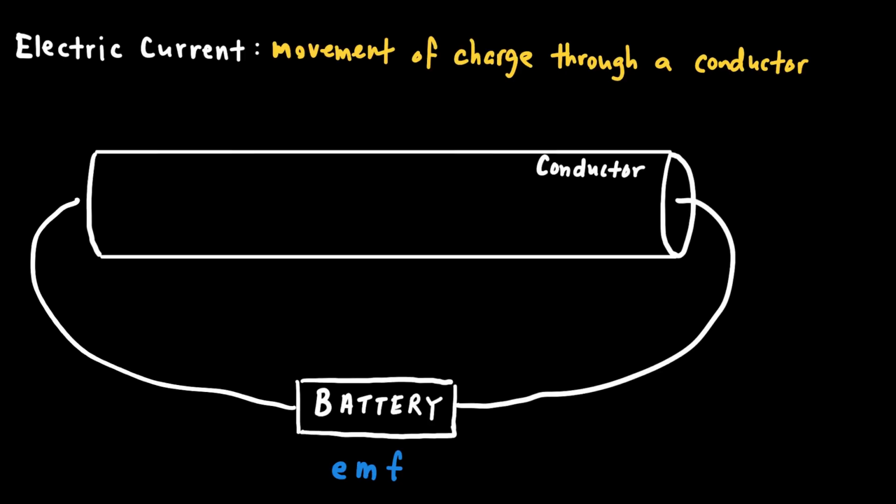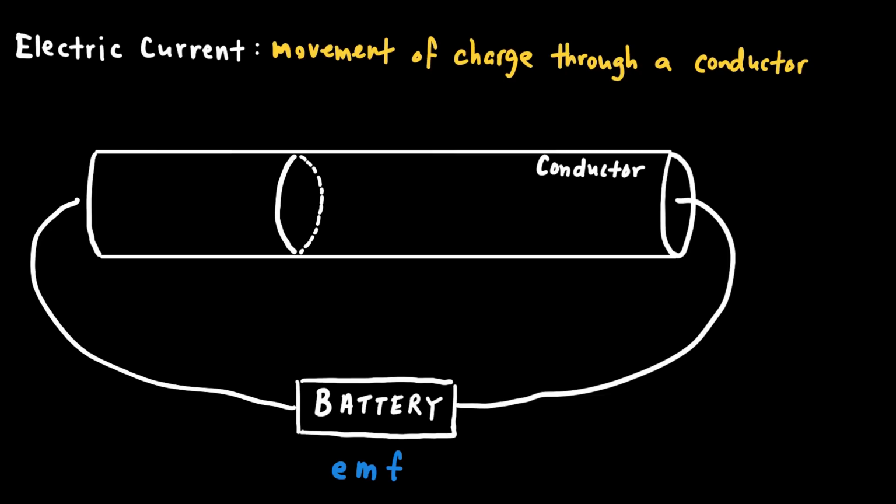And if I looked at a particular point along the conductor, and by the way, the wires that are used to connect the battery to the conductor are also conductors. I've just drawn the conductor large and cylindrical for the purposes of the video. If I looked at one cross-sectional area, one little segment of this conductor, it would have a circular shape like this.